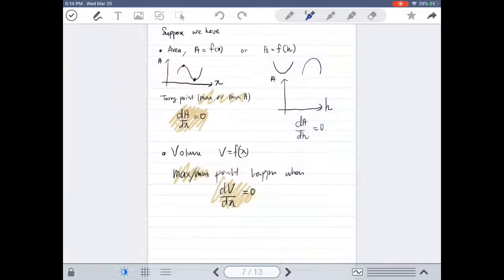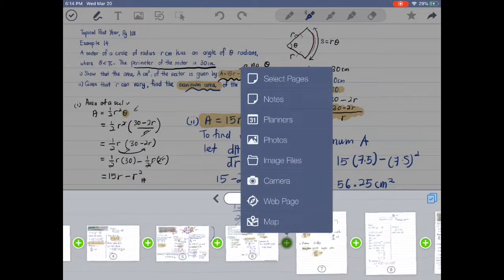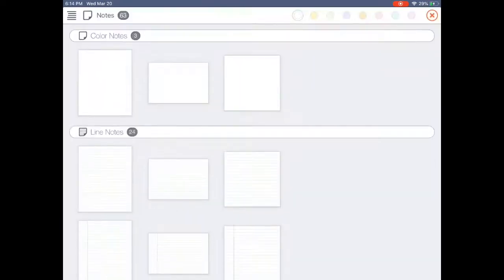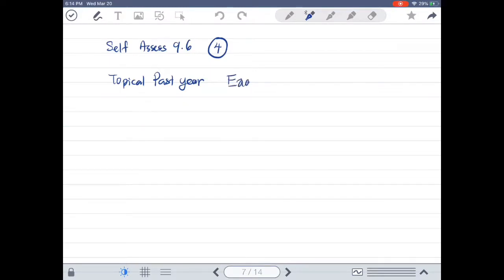As for homework, I would like you to do a question from self-assess 9.6, question number 4, and also from your topical past year, question example 16.